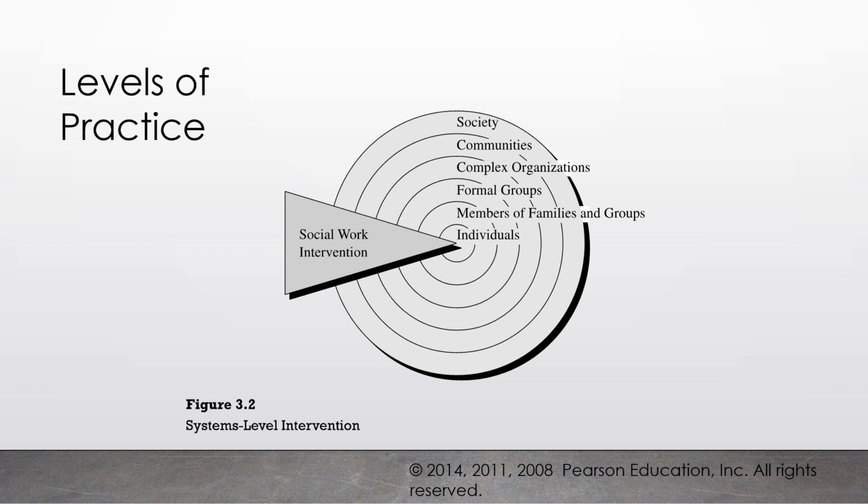In social work, we have several levels of practice. I've already talked about them off and on in terms of micro, meso, and macro level practice. So let's take a moment and look at these a little bit deeper and see what kind of social work interventions or jobs you might be involved in at these different levels.